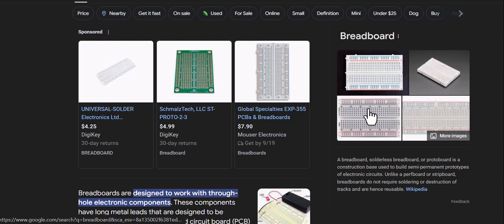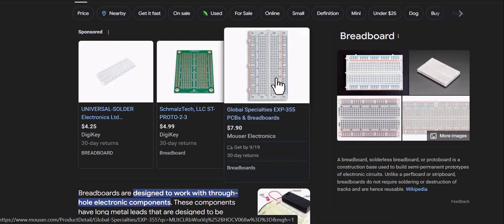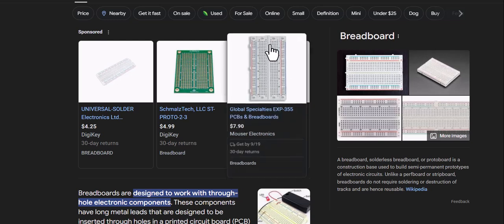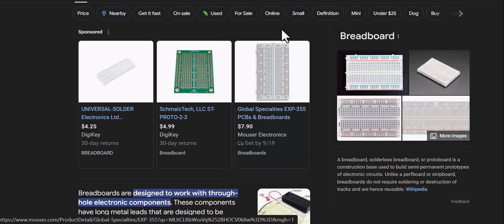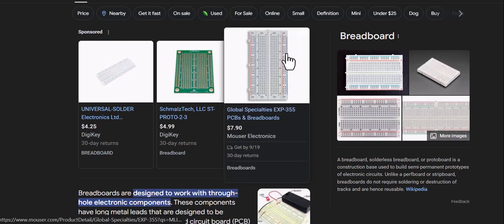Okay, so this is a breadboard over here, and you're going to put your little chip across these, and you're going to attach ground to one of these vertical channels, and you'll attach the high voltage or VCC to one of these.